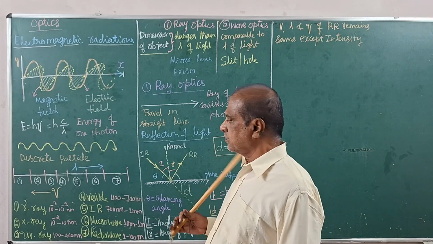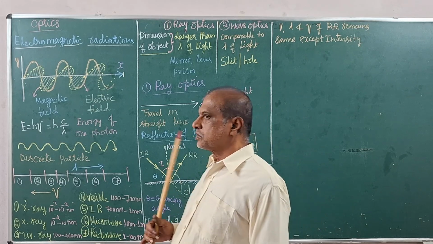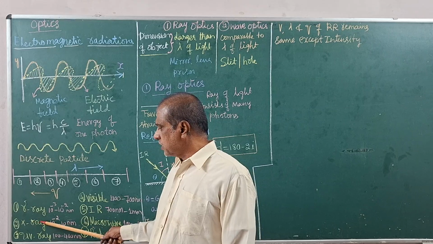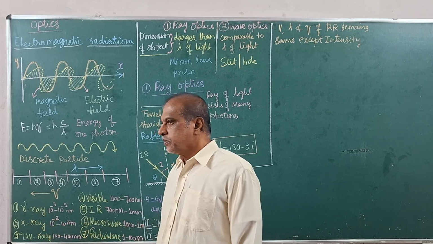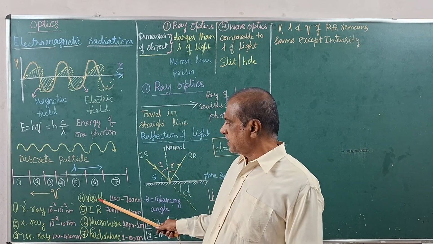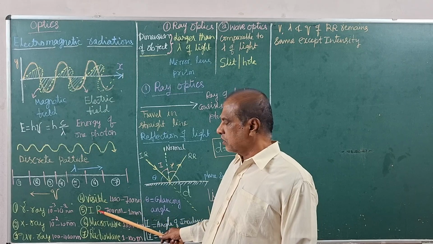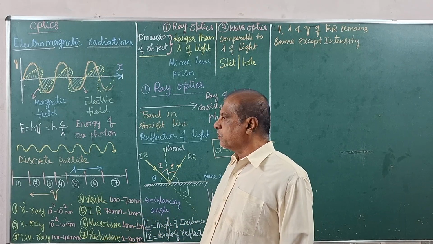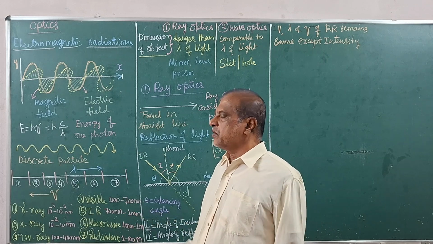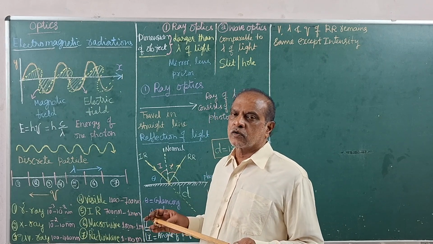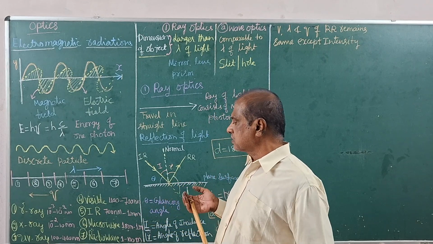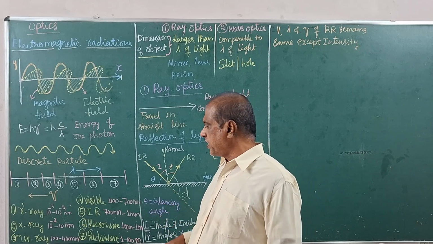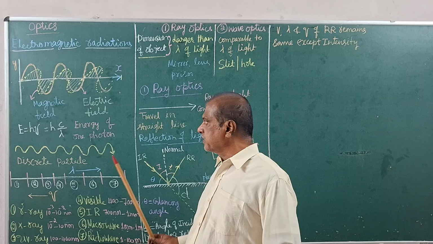You have heard of the names gamma ray, X-ray, UV ray, visible light, infrared, microwave, radio wave. All of them are called electromagnetic radiations. We have classified them into 7 different electromagnetic radiations.